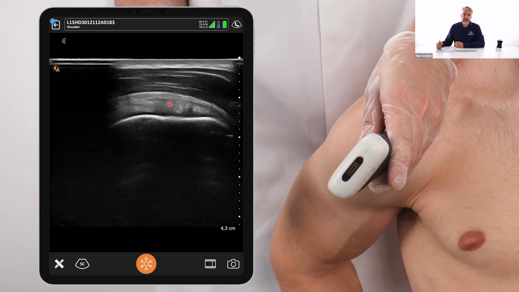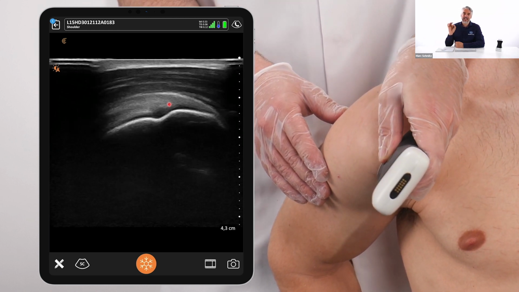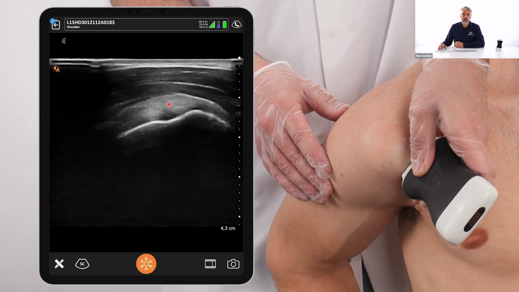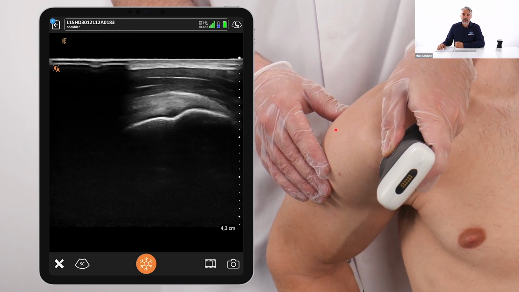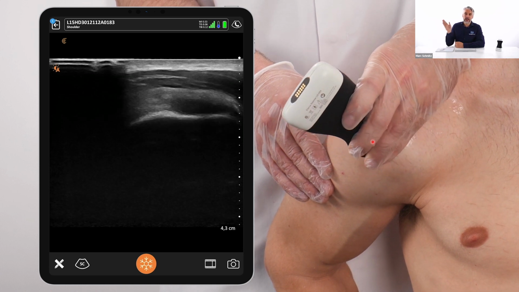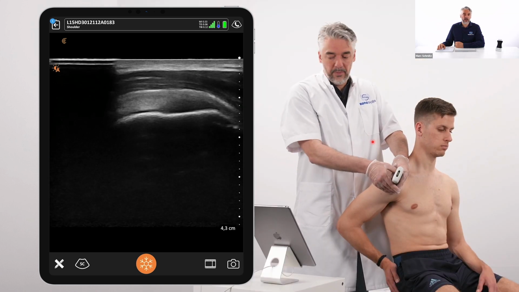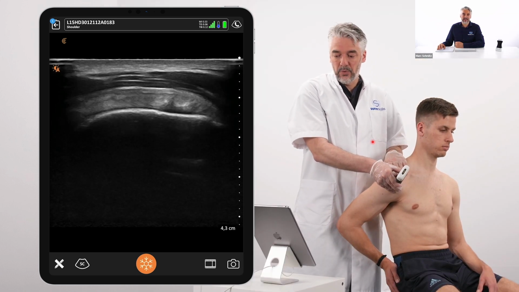Of all shoulder patients, 80% have a supraspinatus problem, so this is especially an important part of the protocol. Also, in longitudinal plane, sweep the transducer or slide with the transducer from medial to lateral in order to see the full supraspinatus tendon.